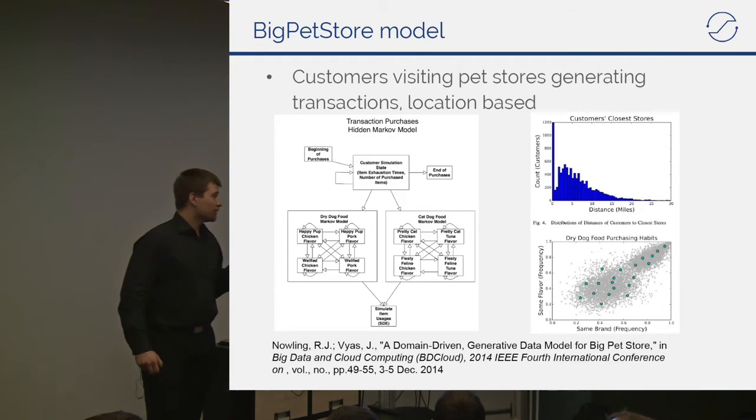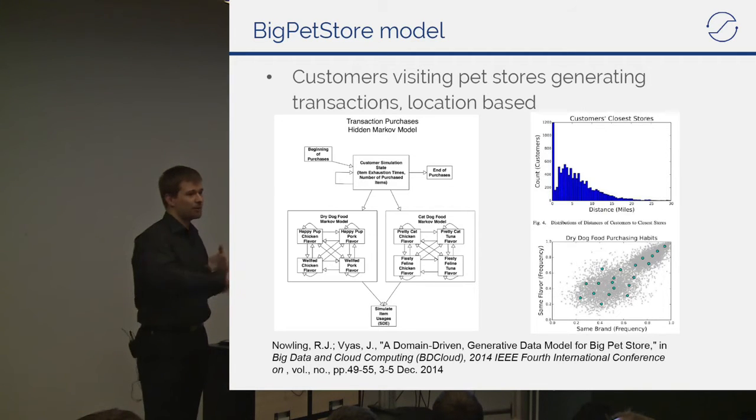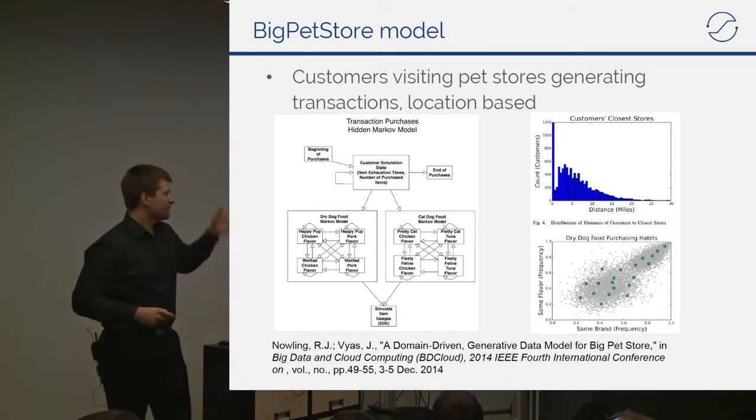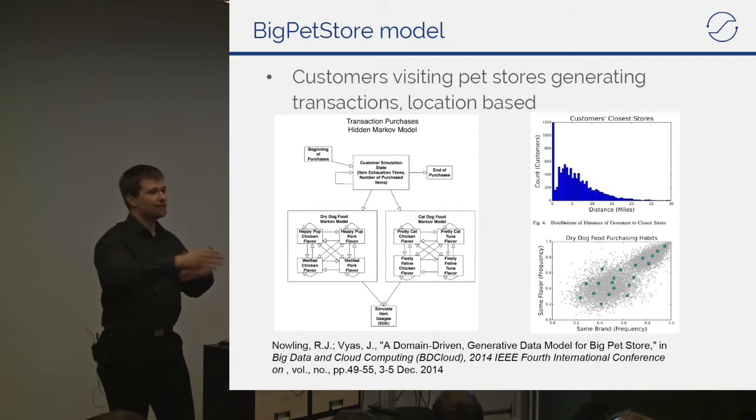So a little bit more on the model. I already gave you an intro that basically you should imagine that you are a customer, you have a location, there are shops around you, and basically it's a Markov model of how you would shop around for your pet.